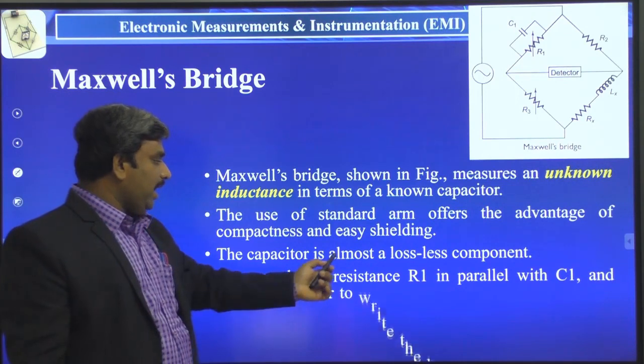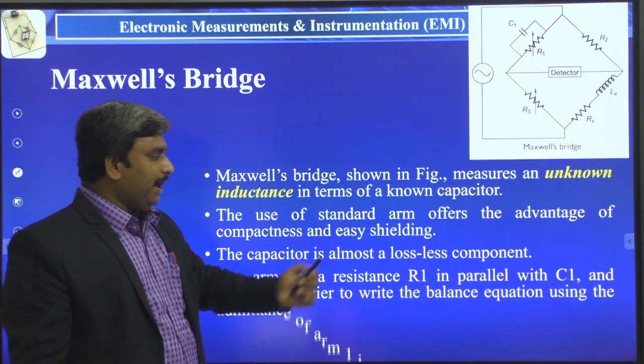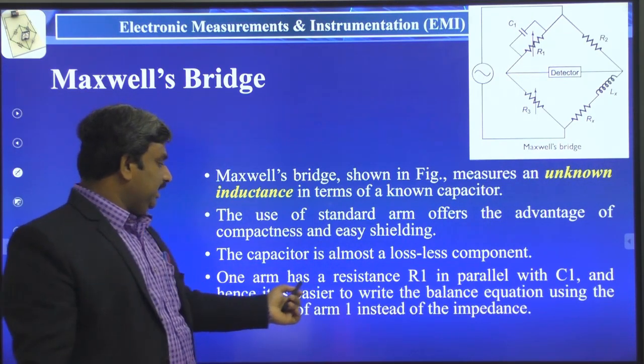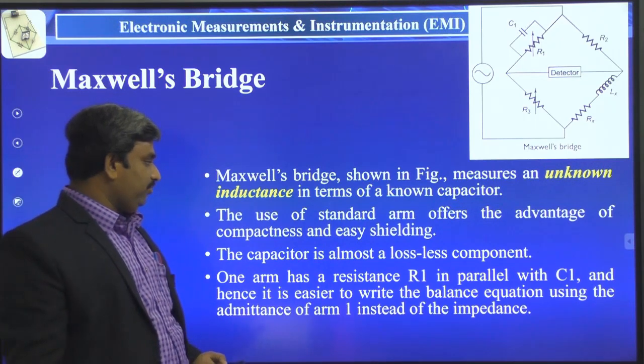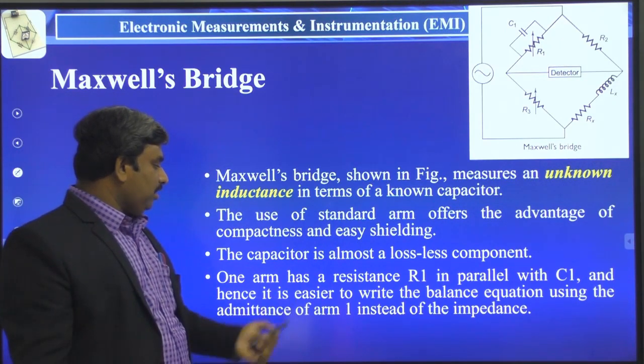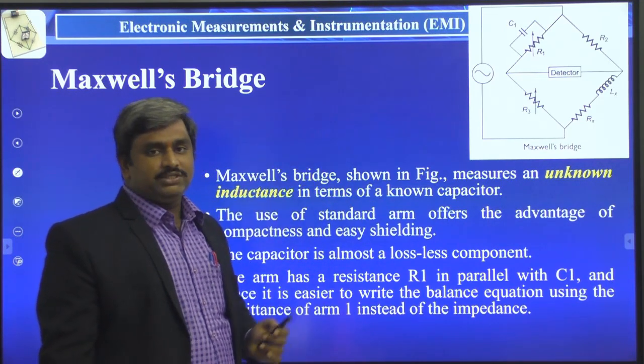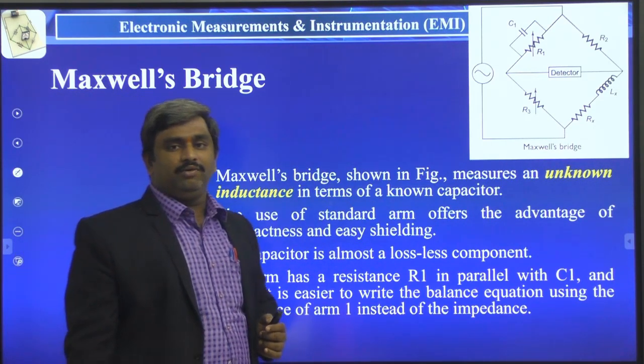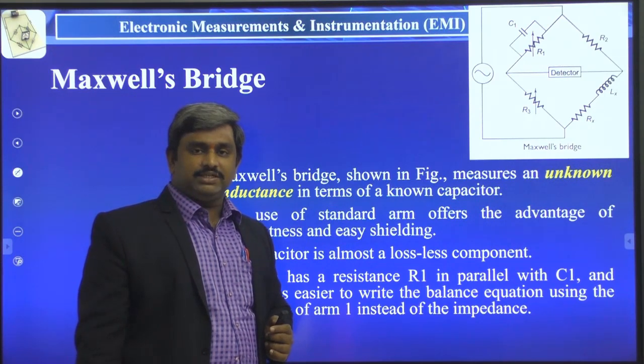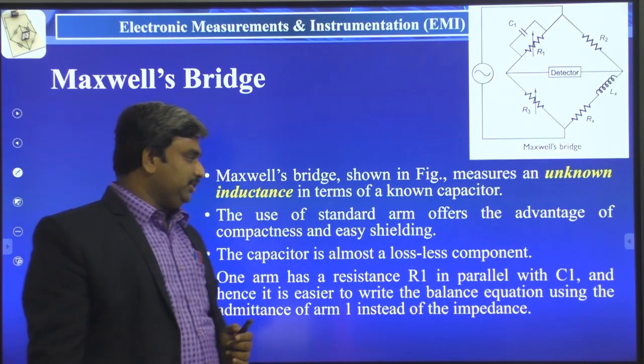Next, one arm has resistance R1 in parallel with C1, and hence it is easier to write the balance equation using the admittance of arm 1 instead of impedances. So here we write the first arm in terms of admittance, the Y parameter, not the Z parameter.